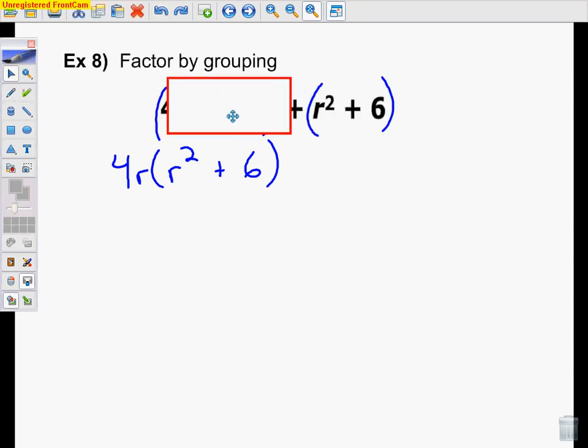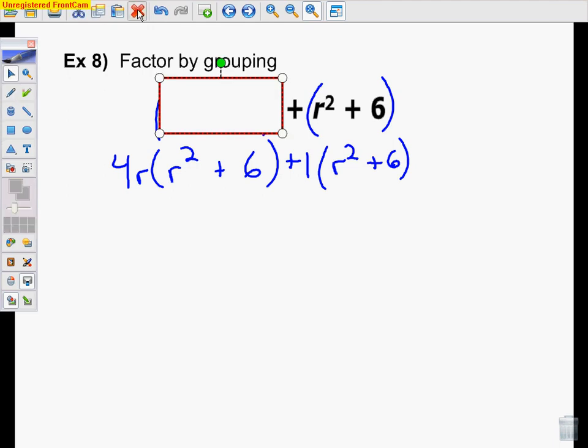Now, we're going to factor out this second set. When you're doing factoring by grouping, you have to factor something out. Something has to come out. So out of these two, the GCF is 1. So we need to factor out that 1. And since we factor out a 1, everything in the parentheses is going to stay the same.